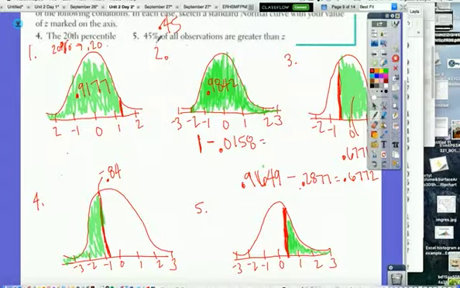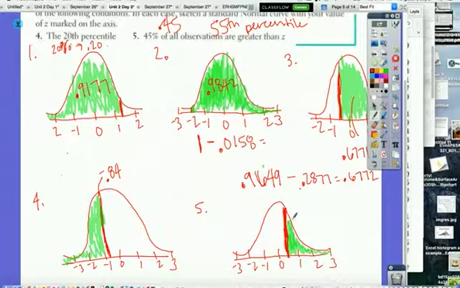Now if 45% of the observations are greater than that, then 55% were less than that. And remember that when we talked about percentiles, percentiles have to do with the percentage that is below. So we're really talking about the 55th percentile.